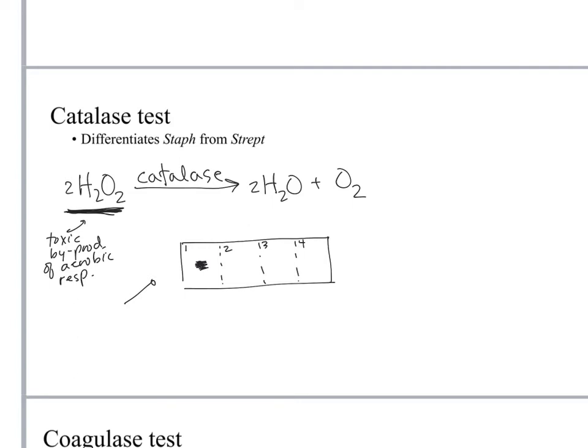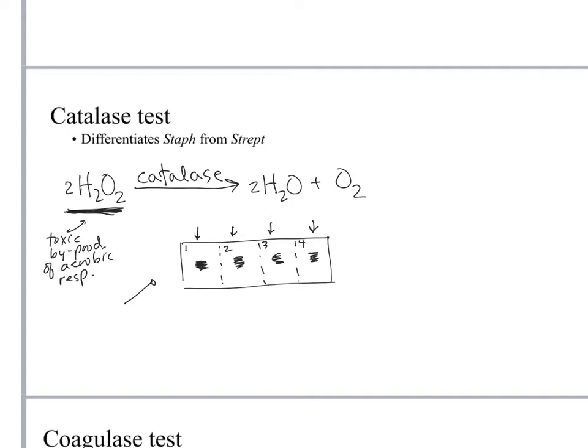Okay, so flame your loop, get your second organism, say maybe this was Staph epidermidis, and you're going to get some Staph aureus or whatever order you decide to do it. Rub that on there, get your Staph saprophyticus. Make sure you're flaming in between here, letting your loop cool in between. And then you're going to put, I think it's strep pyogenes that we have for you today.